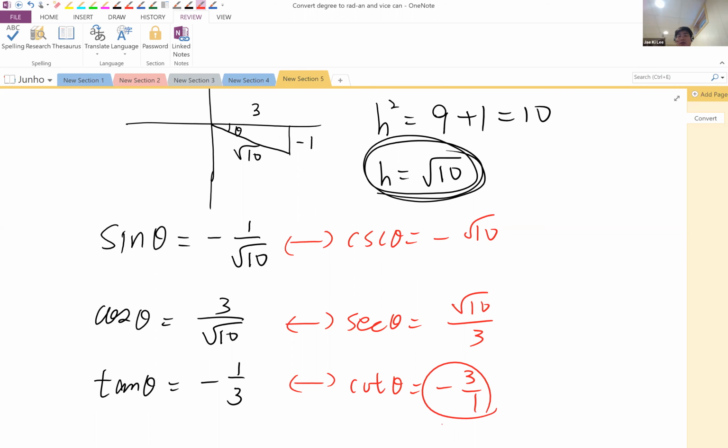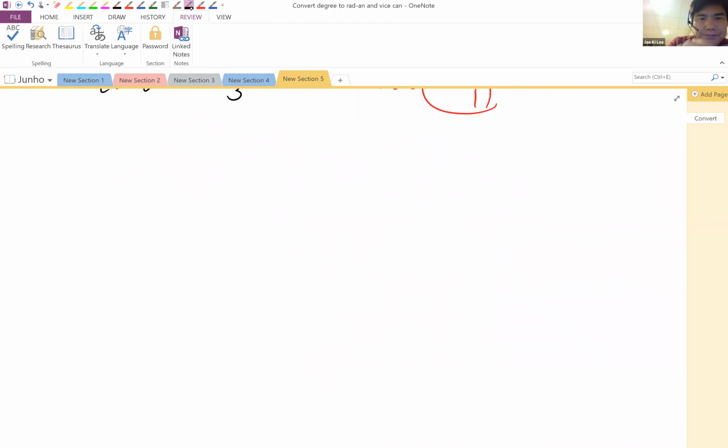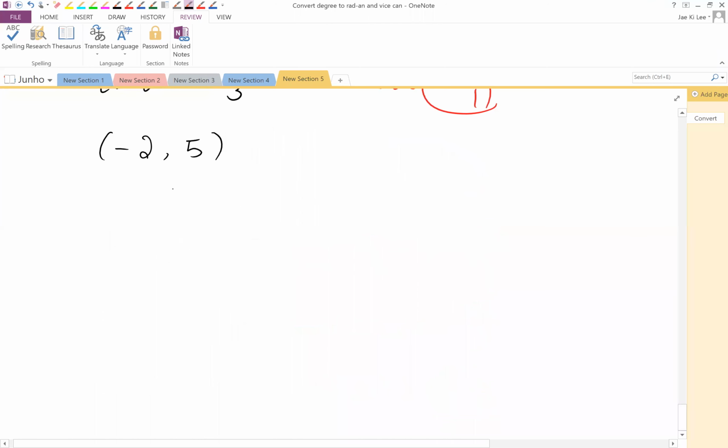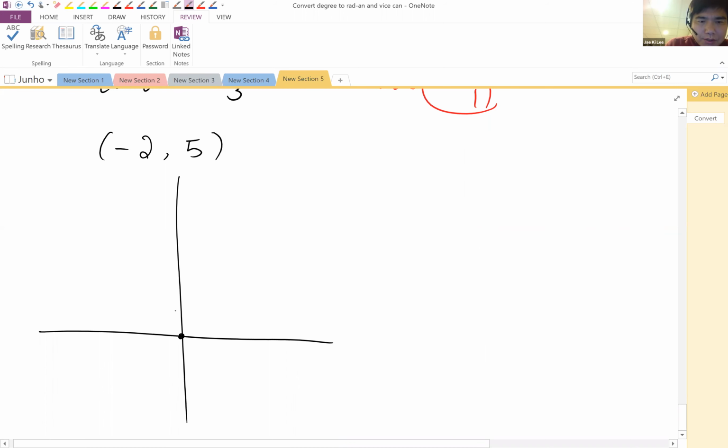Okay. The other type here, you may be given just a coordinate, such as negative 2, 5. So that's the given coordinate. Then you can just start from 0, and then negative 2 and 5 here.